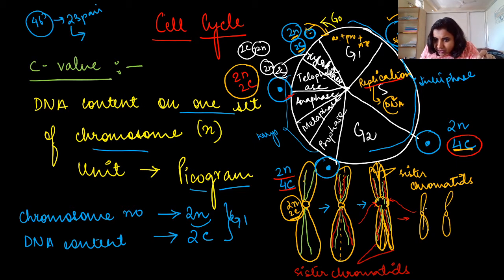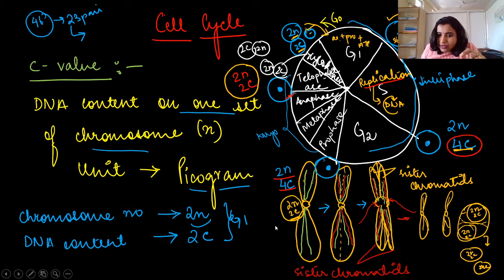This separation takes place at anaphase, and as a result inside the one cell there will be 2N 2C chromosomes here, and 2N 2C chromosomes here, right? This cell gets divided into individual cells in cytokinesis. At cytokinesis, the splitting forms a 2N 2C cell and a 2N 2C cell.